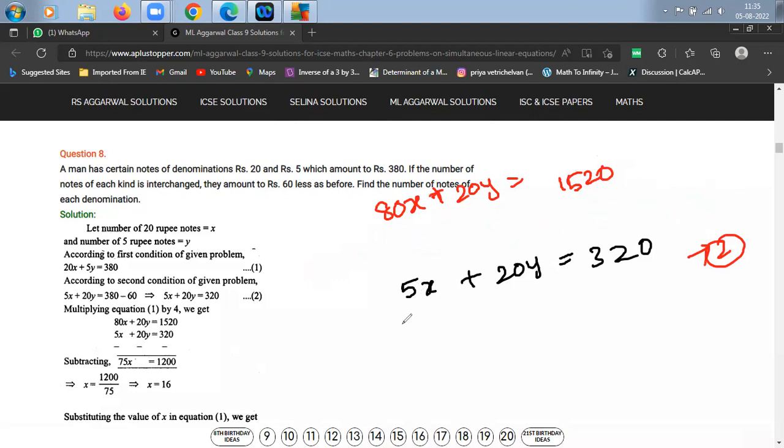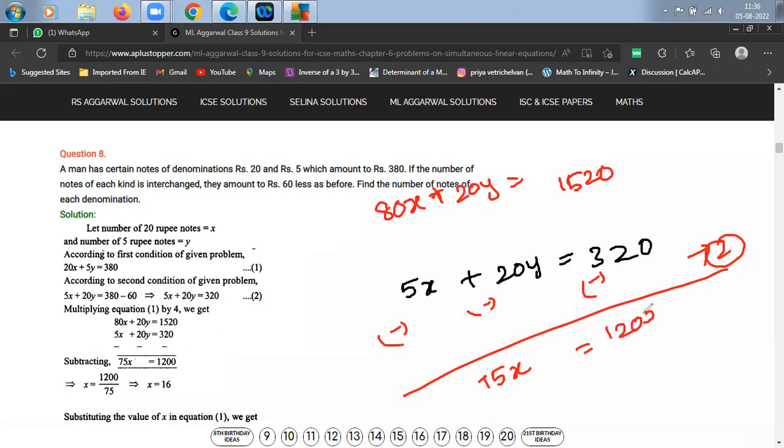So let's subtract and get the value of x, which is 75x. 80x minus 5x will give you 75x. 1520 minus 320 will give you 1200 as the result. So x is equal to 1200 divided by 75. So x is equal to 16. Can you follow? 16.